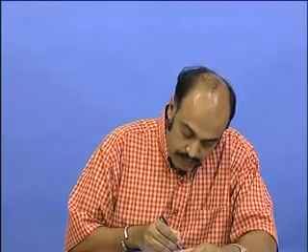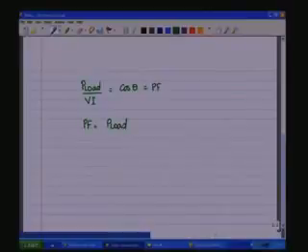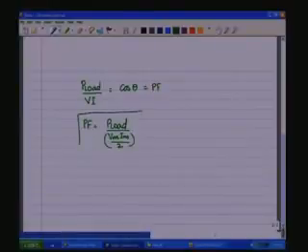So, in the case of the sinusoidal condition, P load by VI, the apparent power, which is basically the product of the effective values of the voltage and current, is equal to cos theta, which is equal to Pf, the power factor. Pf is equal to P load by Vm Im by 2. This is the general equation.